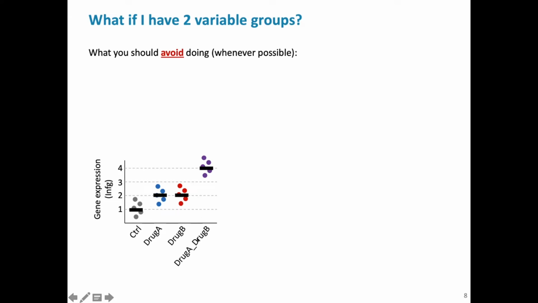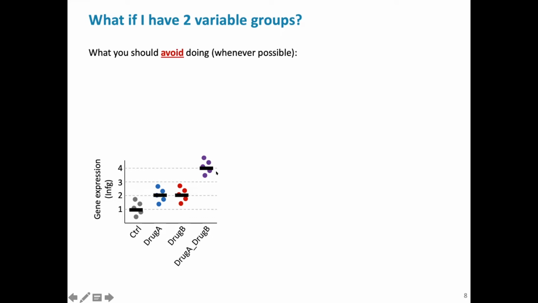But if you sum the drugs together, you don't have an effect of 2, which is the effect of A plus the effect of B, and which would be the expected effect. Rather, you have an additional one here: you have an effect of 4. That means that drug A and B have an interaction factor that adds 1 to this experiment design.